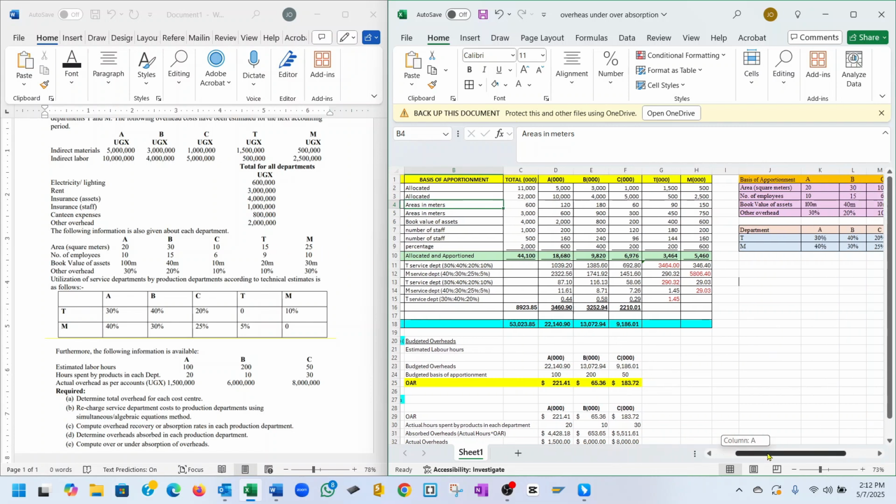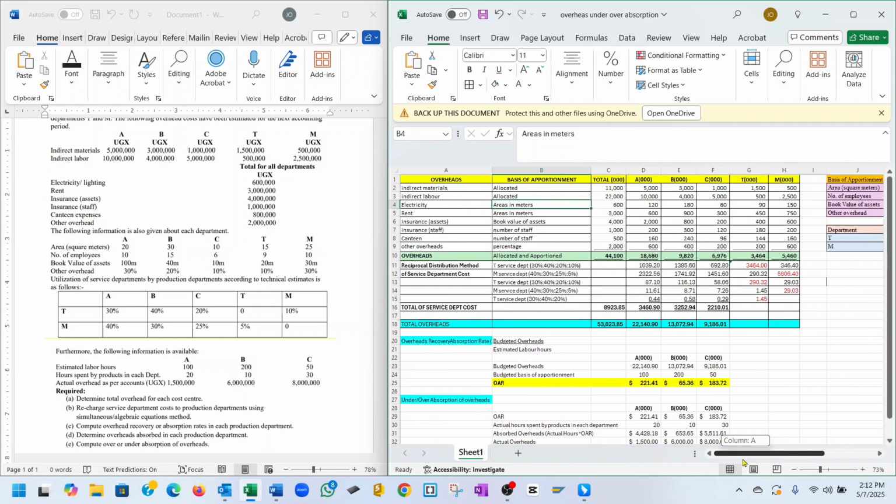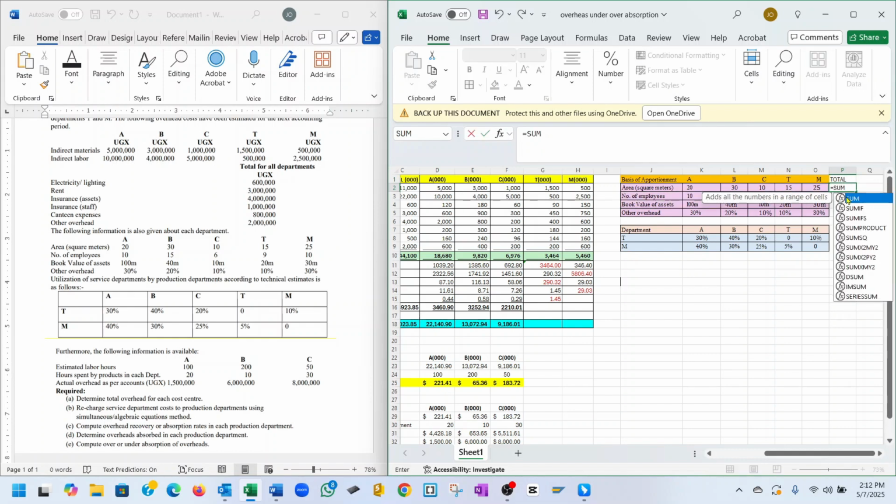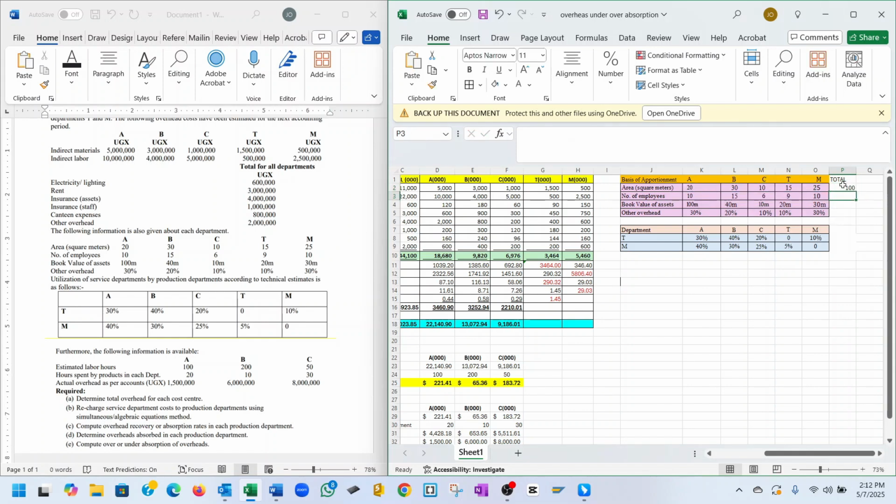So in order to compute what is allocated to A, we will take 10, okay? So this is stated over here. So in other words, we can find the total over here, okay? So the total is going to be the sum of all of this. So we sum all of this, okay? So we are going to get 100. I hope you get me.